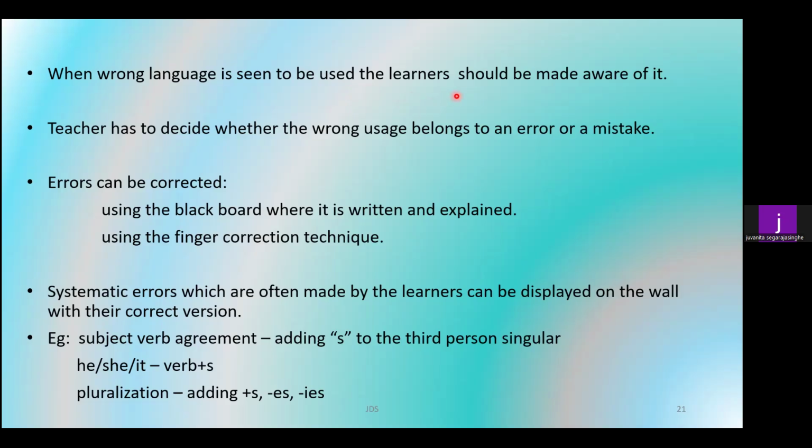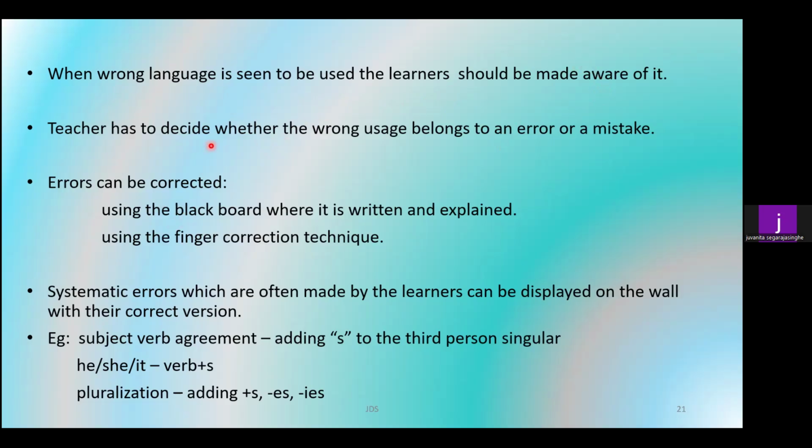Otherwise, the learner will forget how he has articulated the word, and the teacher may also forget how he has articulated. Right? So mostly the oral errors, not all the oral errors, but pronunciation related errors, need to be made aware to the learner immediately.